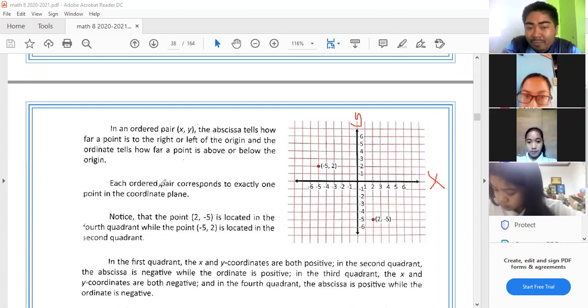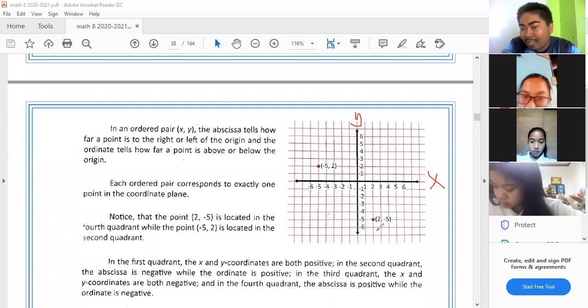So, each ordered pair corresponds to exactly one point in the coordinate plane. So, isang ordered pair, meron siyang exactly one point. Okay? So, for example, notice that the point (2, -5) is located in the fourth quadrant. Di ba? So, fourth quadrant siya. This is 1, 2, 3, and 4.